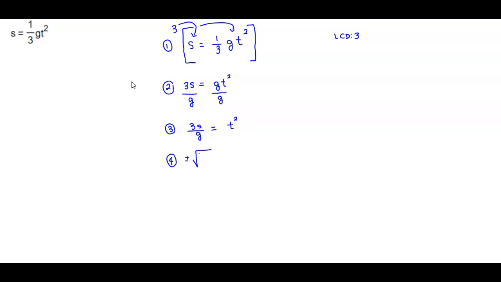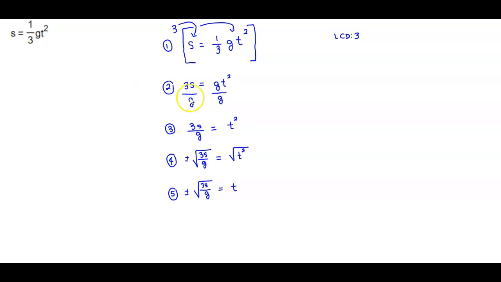So we have plus or minus the square root of 3s over g, which is equal to the square root of t squared. So now we have plus or minus the square root of 3s over g, and that's going to equal t.